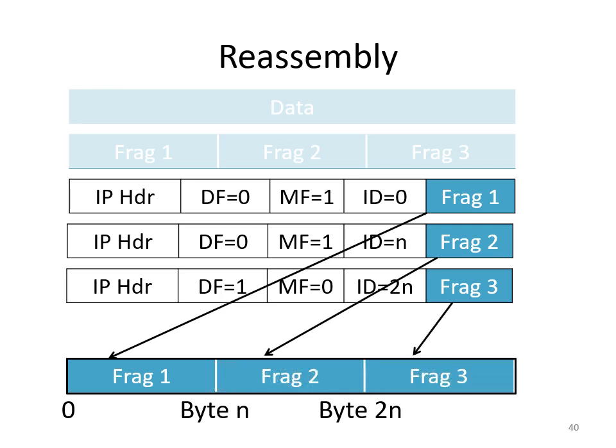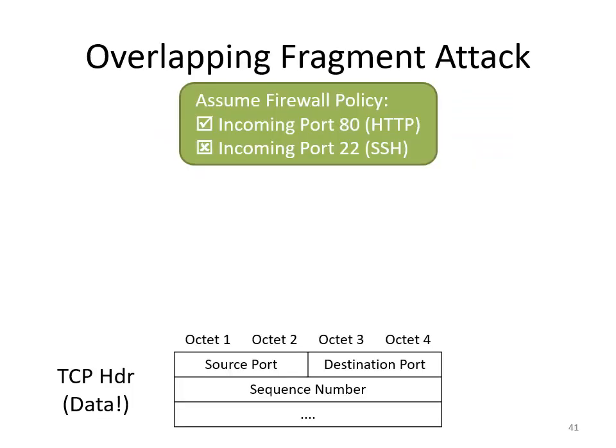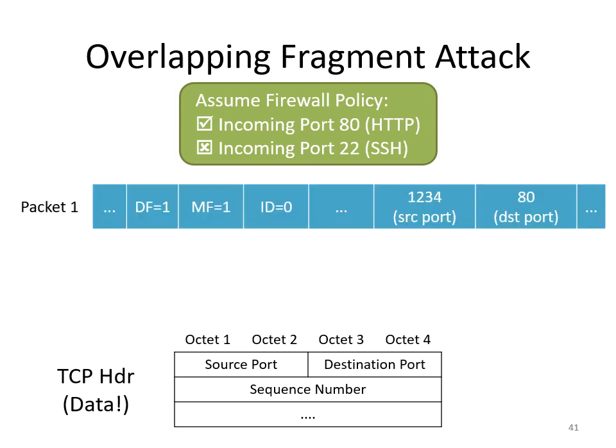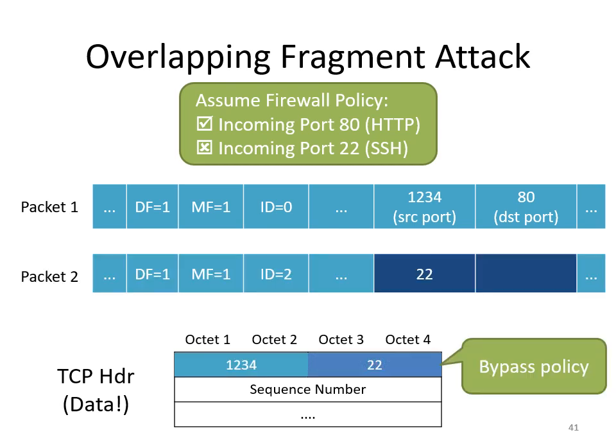This is just an example of how fragmentation works. Suppose we have a policy that says allow traffic to port 80, which is HTTP, and don't allow traffic to port 22. Packet 1 says destination port 80, but it's fragmented. We send another fragment where we overwrite the port with port 22.